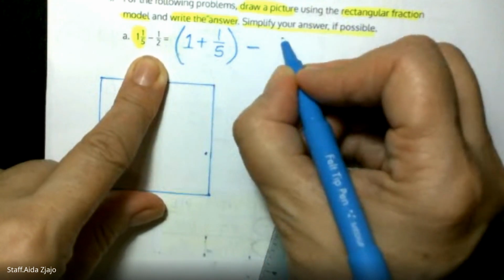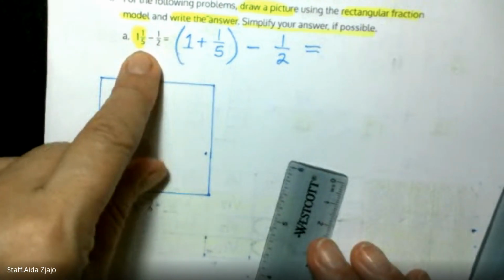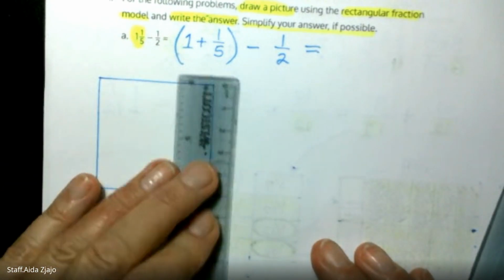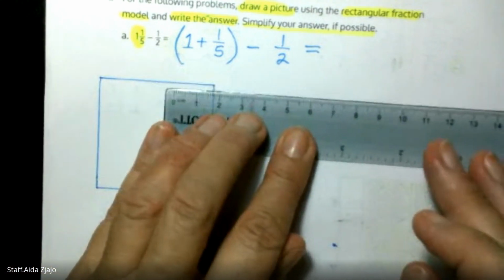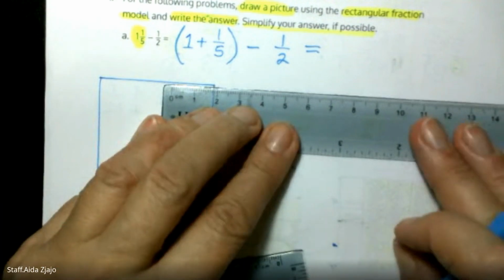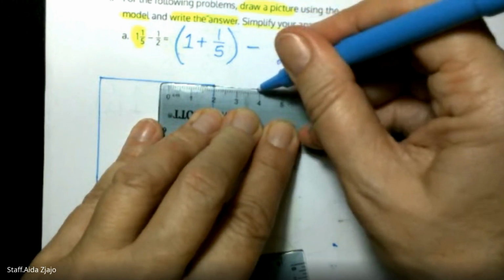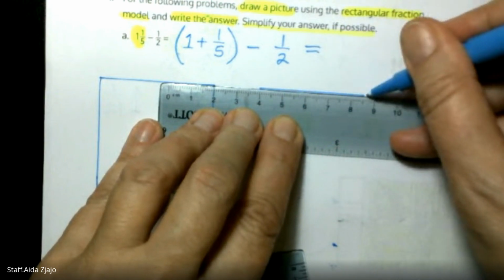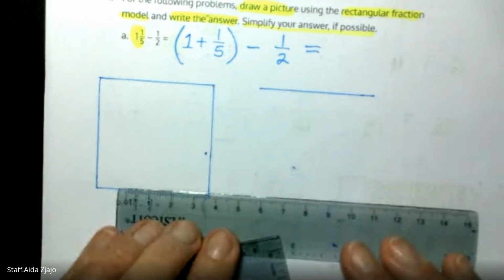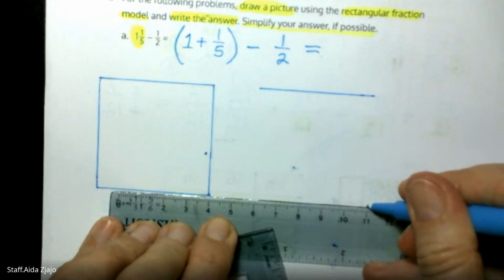Give away 1/2. Most often kids don't understand what this means. It means that you have one whole and then you have another whole, but only 1/5 of it. So I'm going to make 2, 4, 2, 4, 5, and it helps me if I use the same.